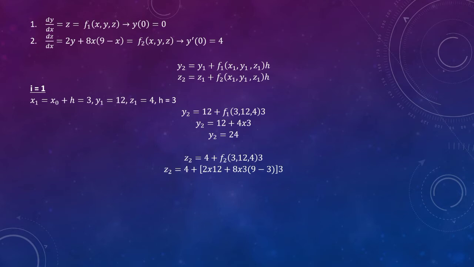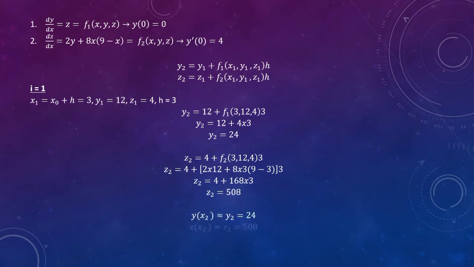Then 2y is 2 times 12, plus 8x times 9 minus x, which is 8 times 3 multiplied by 9 minus 3, and that will give us 168. So 4 plus 168 multiplied by 3 will give us 508 for our c sub 2.